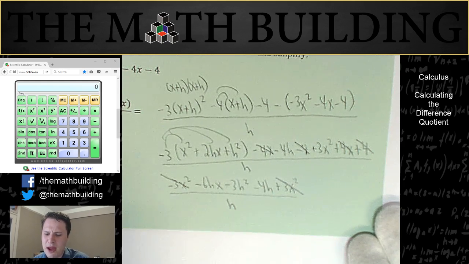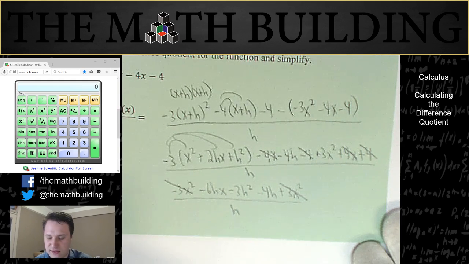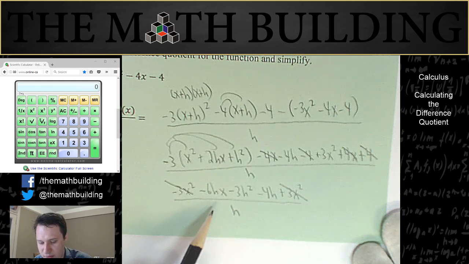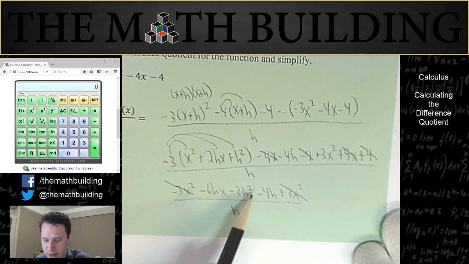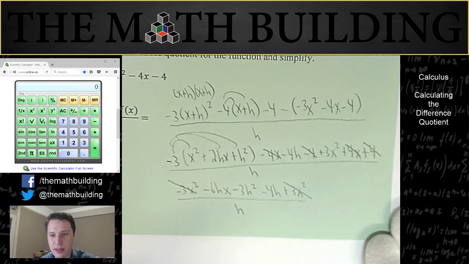And by the way, you might have done that in a slightly different order than me, and that's totally fine as long as you get to the same answer. Now we've got negative 6hx minus 3h squared minus 4h all over h. And hopefully you'll notice that there's one more thing we can do to simplify. Can you see what it is? Maybe pause the video for a second to see if you can notice the last thing to simplify.